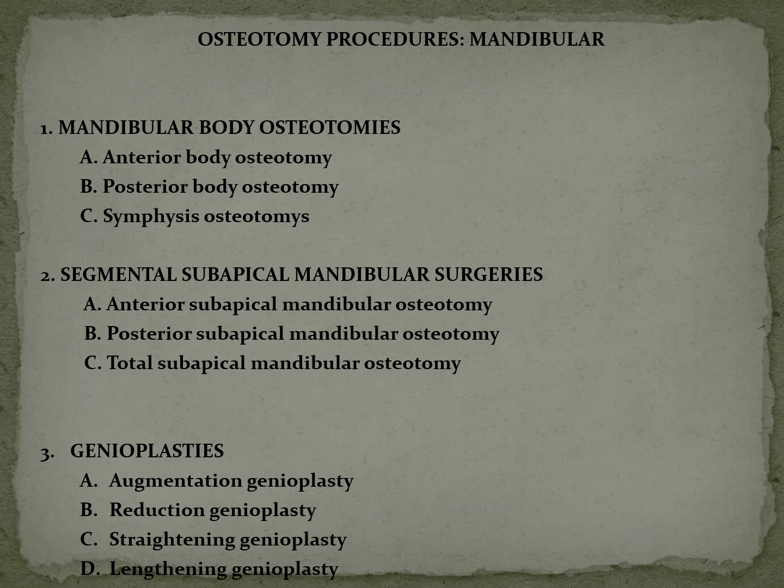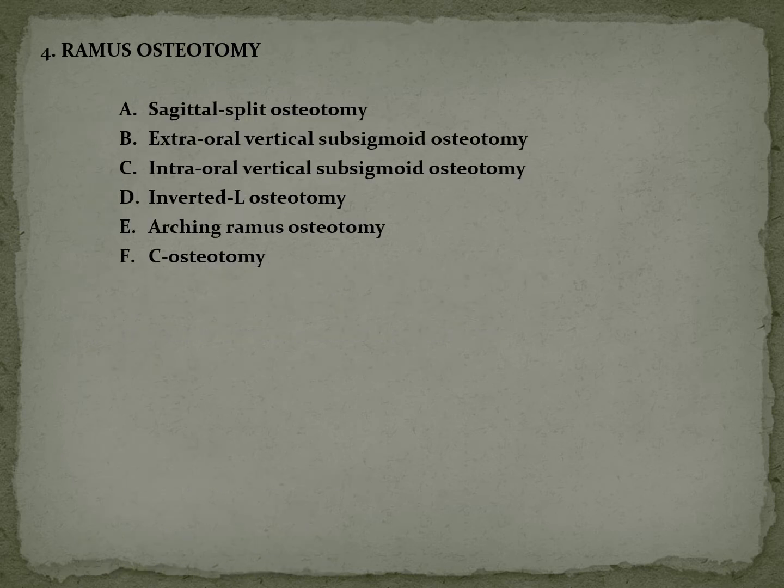Genioplasty, that is different types: augmentation, straightening, and lengthening genioplasty. If you go for the ramus, then the different ones are bilateral sagittal split osteotomy, extraoral vertical subsigmoid, intraoral vertical subsigmoid osteotomy, inverted L-shape osteotomy, C osteotomy. These are the types of osteotomy procedures done in the mandible.